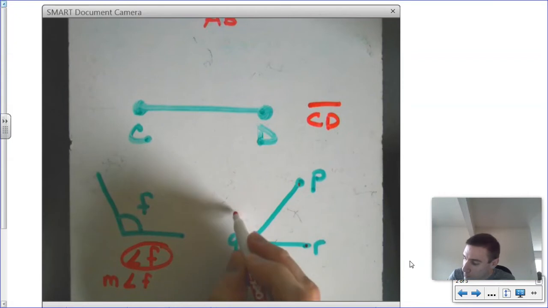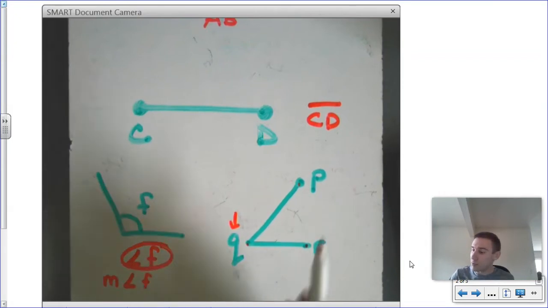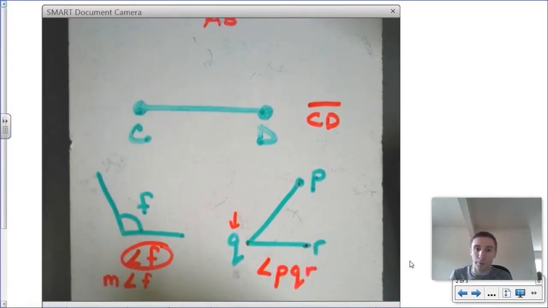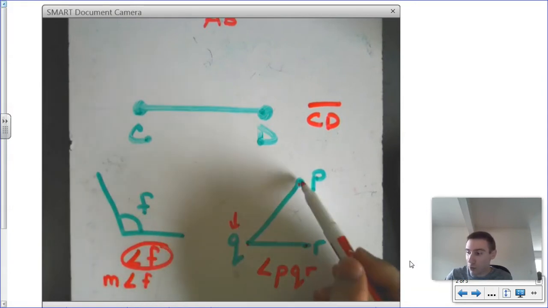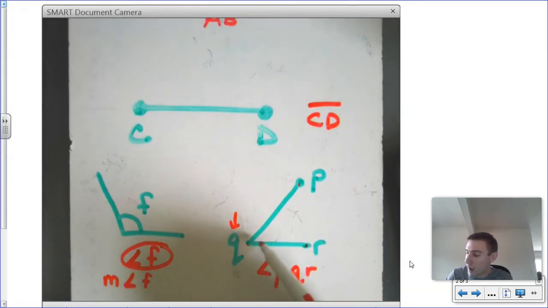And that angle point is right here at point Q. What I can do is then take the endpoint, go to the middle point, and then to the other endpoint. So this angle's name is angle PQR. And if I were to trace this in order, I start at the point P, I go to Q, and then I go to R.